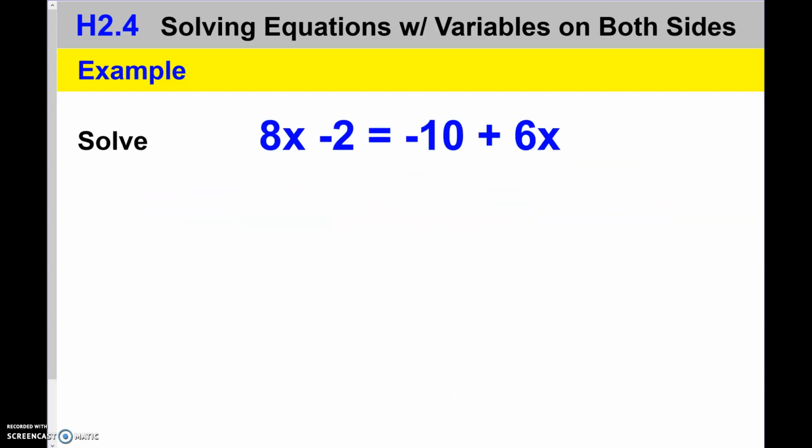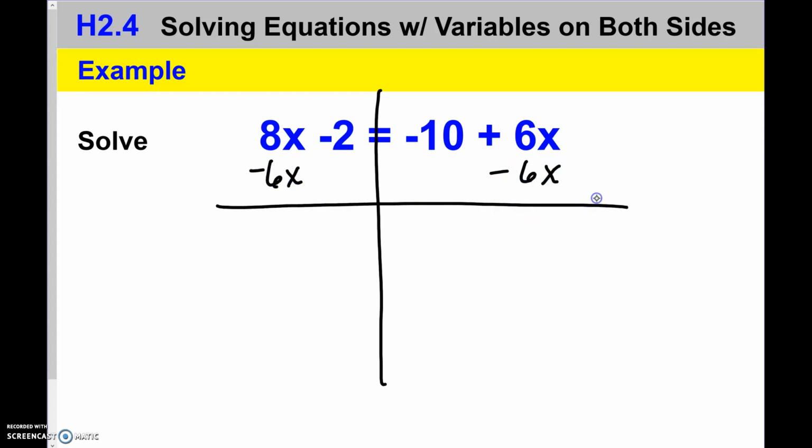All right, let's try this one. Letters are on opposite sides. So I'm going to get my letters together, and they're on opposite sides. So I'm going to do the opposite operation by moving the smaller number. So this is 6x. So I'm going to subtract 6x. 8x minus 6x is 2x. Then we still have my negative 2 and my negative 10.